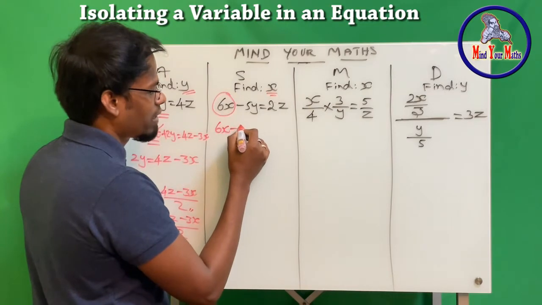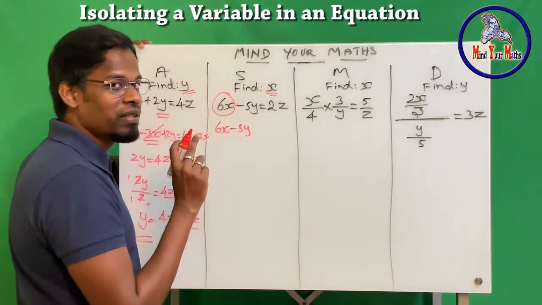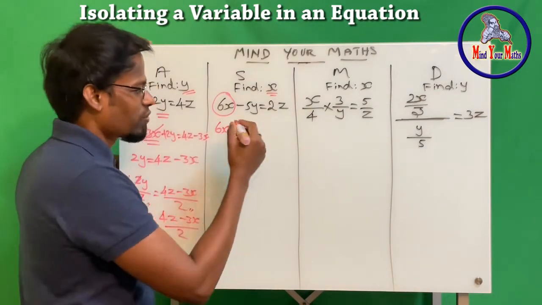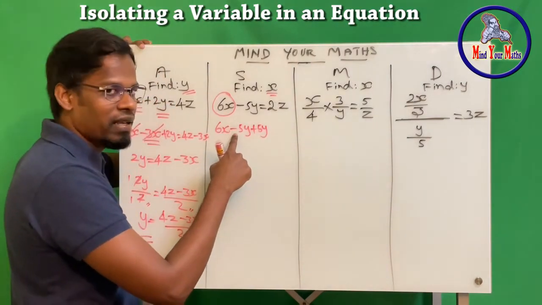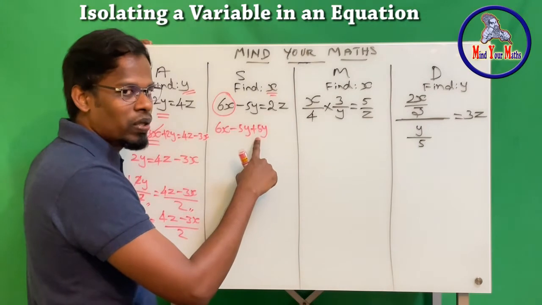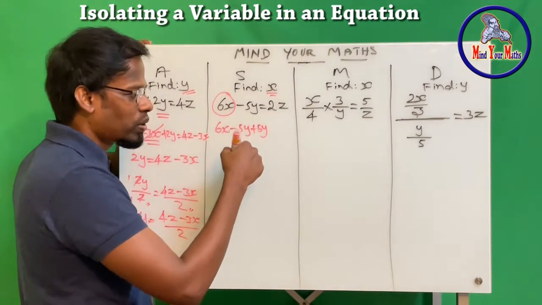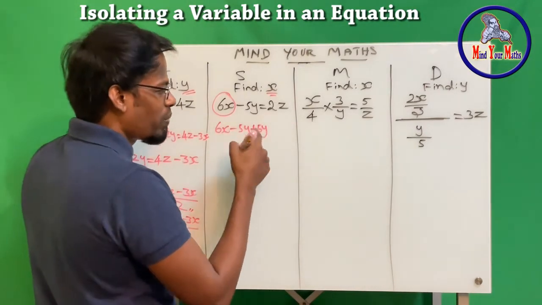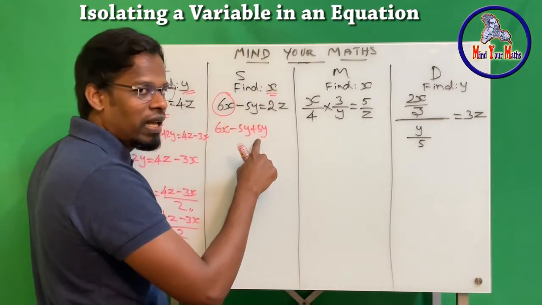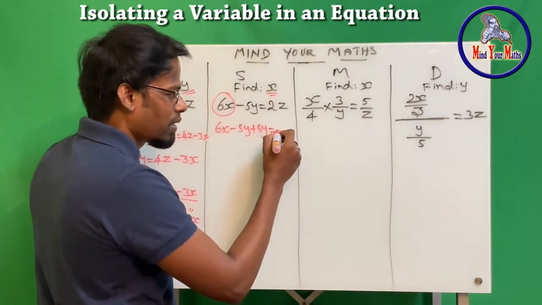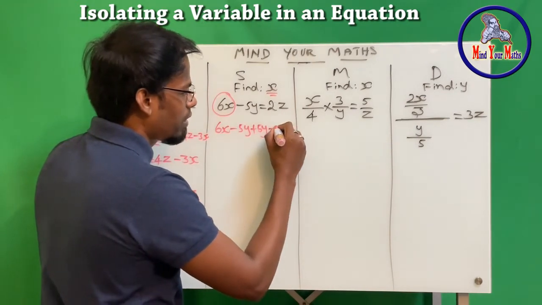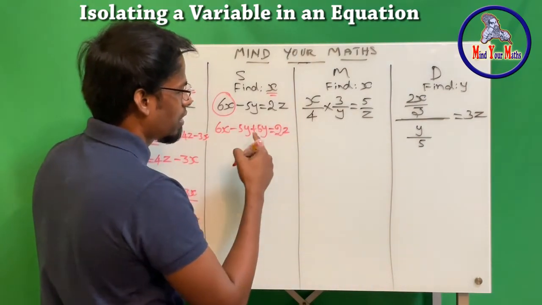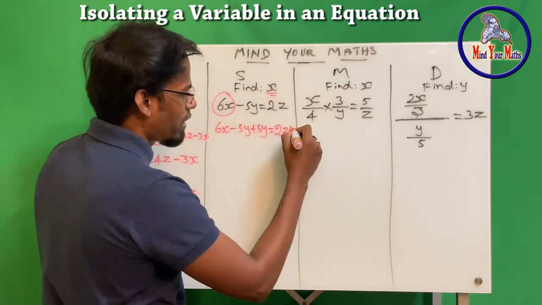6x minus 5y. What do we need to do? Yes, we need to add 5y because this one is minus. So this one becomes positive, plus 5, so that both get cancelled to 0. Now because we added 5y on the left side, what do we need to do? Yes, 2z, right, plus 5y.